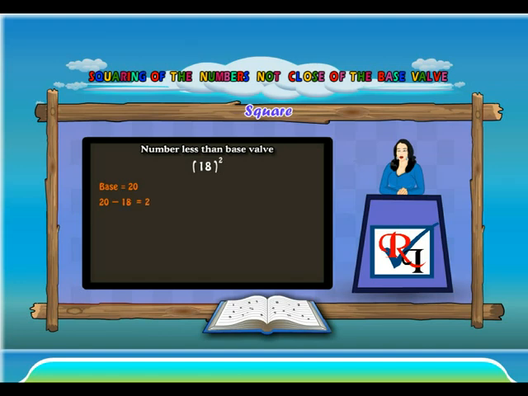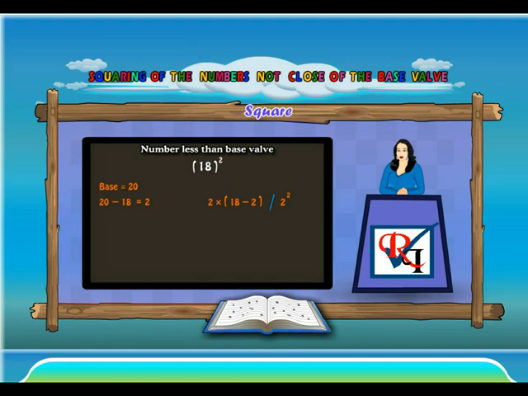Now as our base is 20, we write 2 like this and multiply with 18 minus 2. Remember, we subtract 2 from 18 because the difference of 20 and 18 is 2. Okay, don't be confused. And after that, the square of 2 again, which comes from the difference of 18 and 20, that is 2.